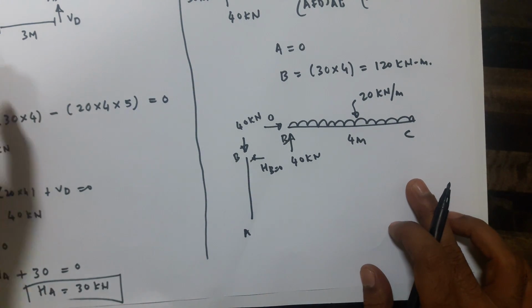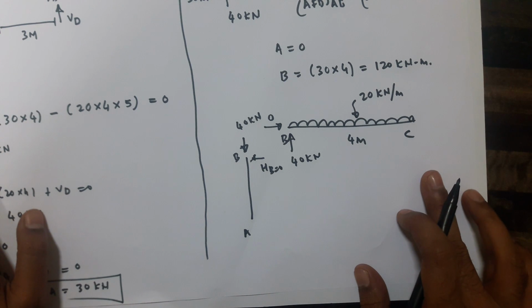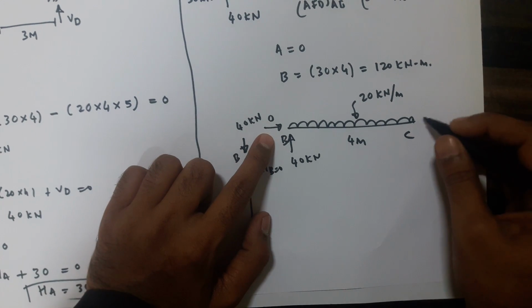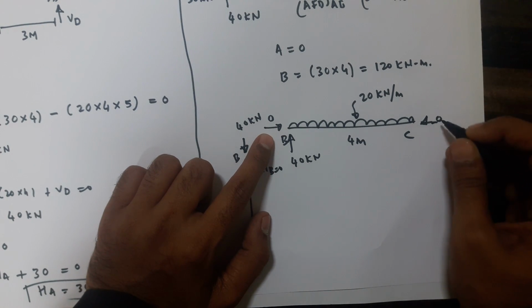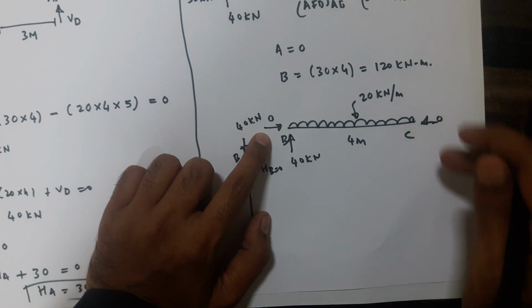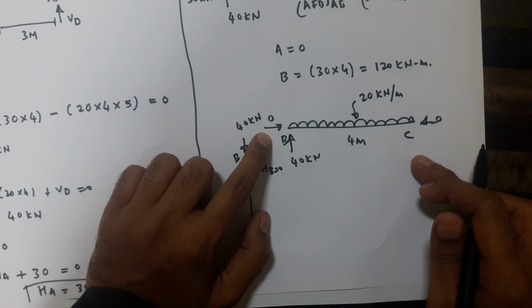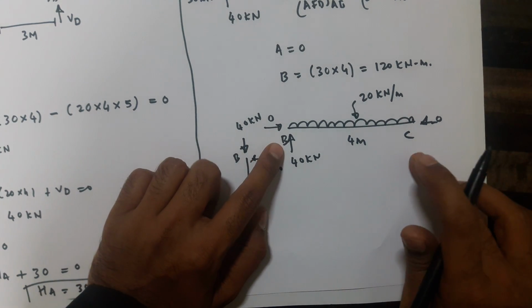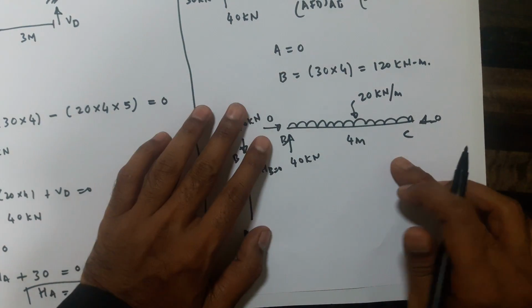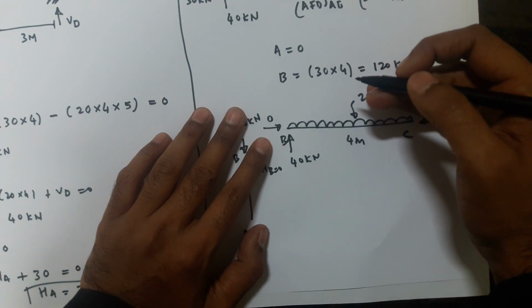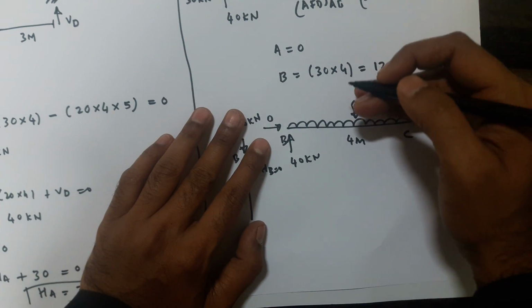Now we have to make member BC in equilibrium condition. This is 0, 0 is not having any impact. Still I am showing the direction in order to understand the balance concept. 40 is going upward, and 20 into 4, 80, is going downward.